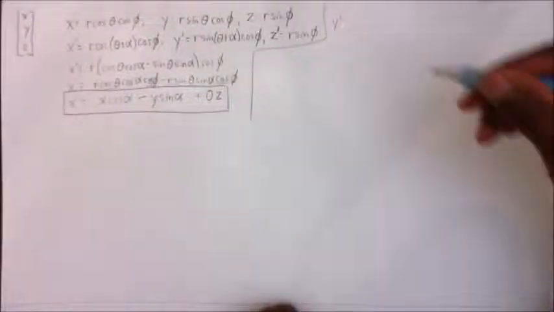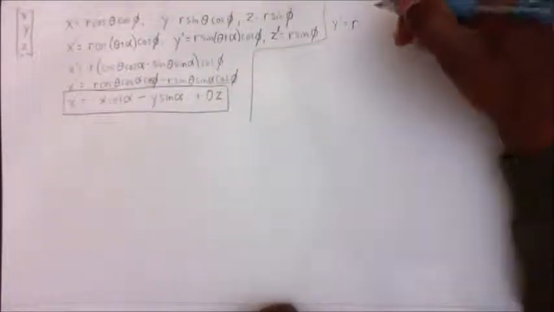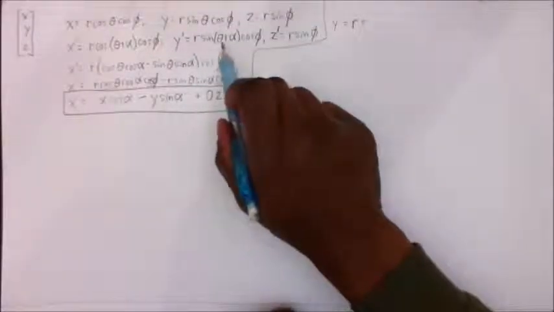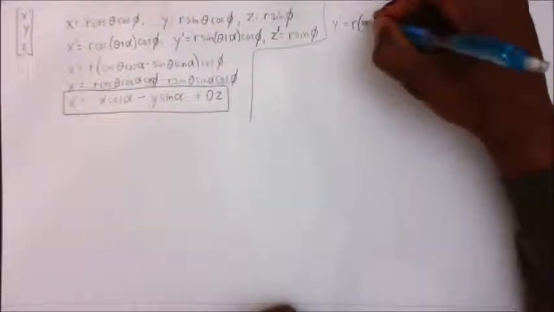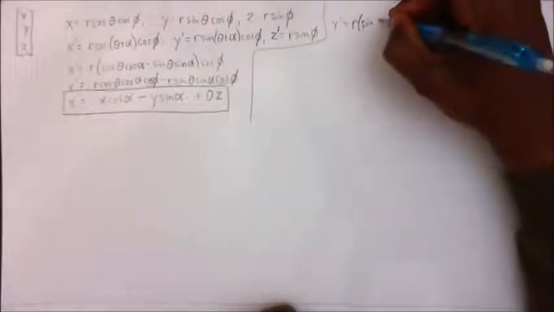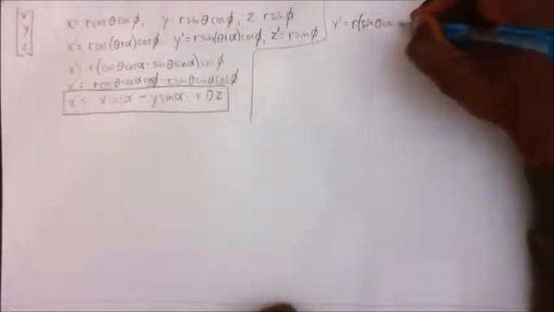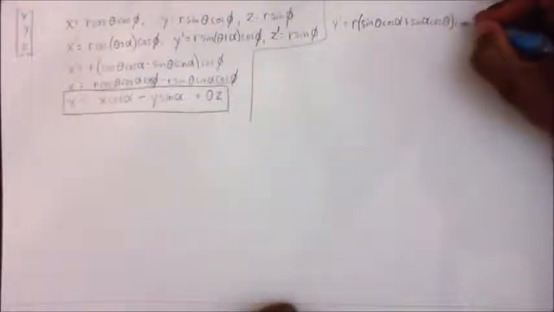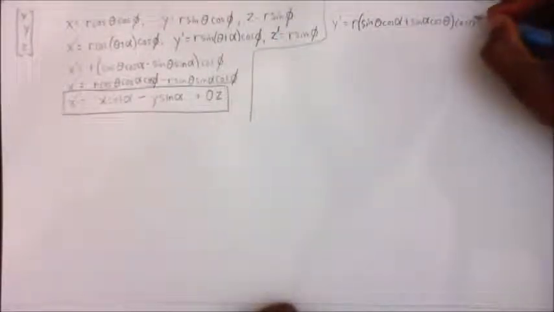Y prime is equal to r, and in this case we know that sine(theta plus alpha) is going to be sine theta cosine alpha plus sine alpha cosine theta, times cosine phi.